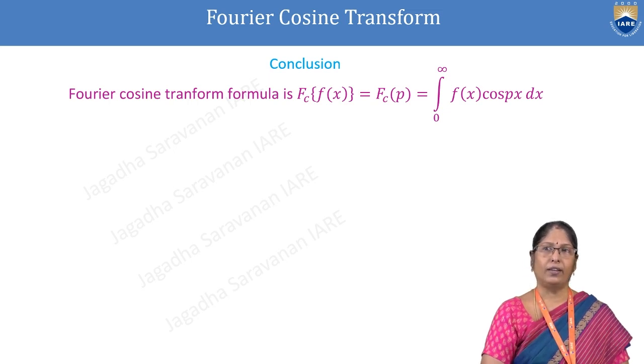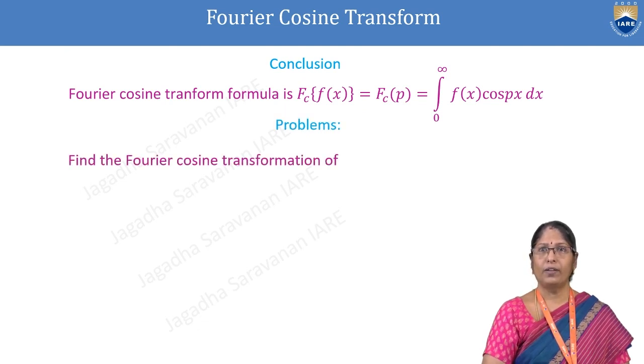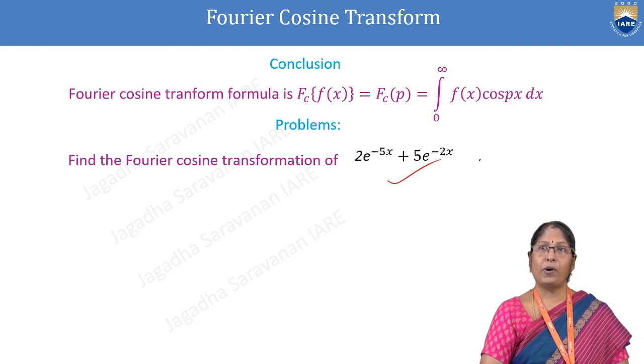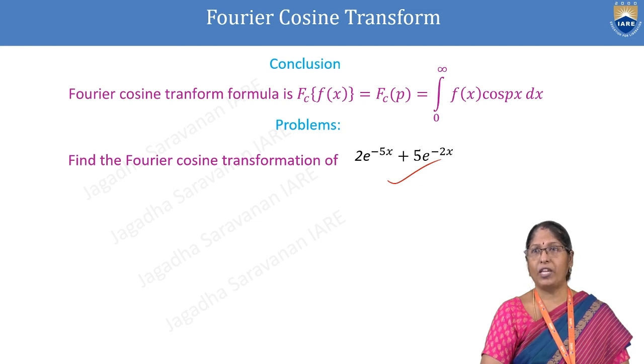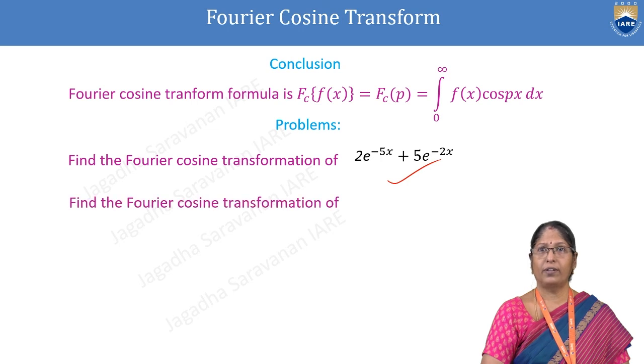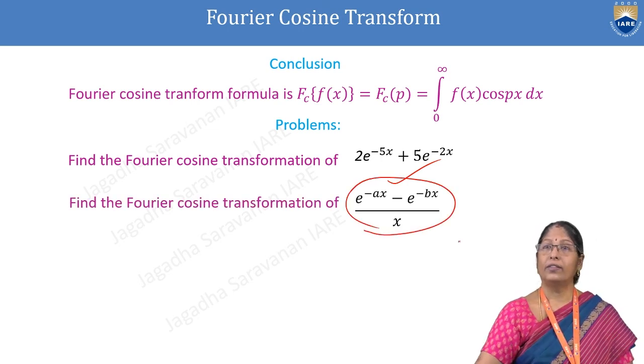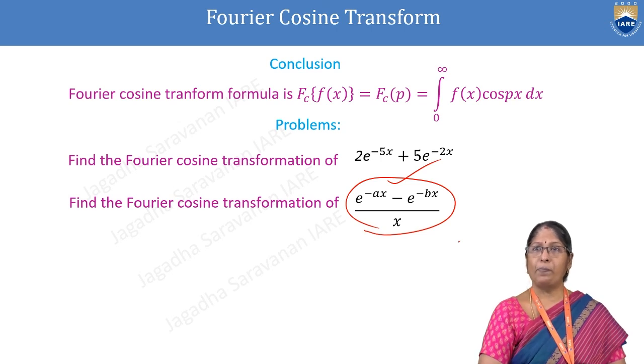In this video lecture we discussed in detail and did the problems. That is the Fourier cosine transform of 2 into e power minus 5x plus 5 into e power minus 2x. This problem we solved. And the next one we have taken is a big function, e power minus ax minus e power minus bx by x.